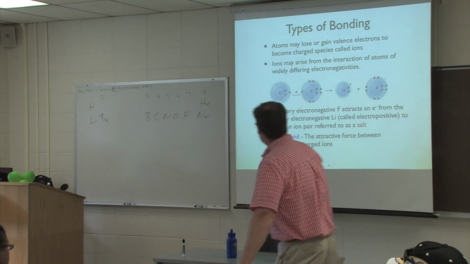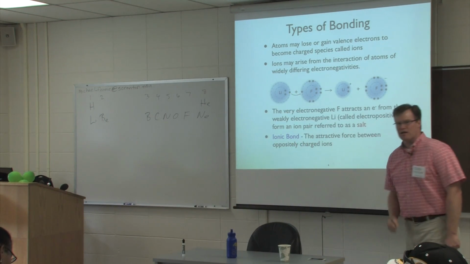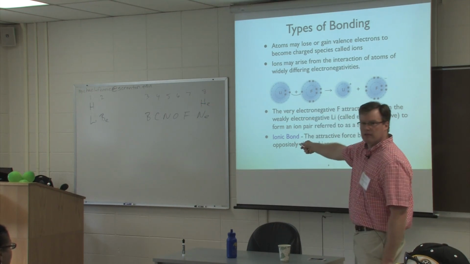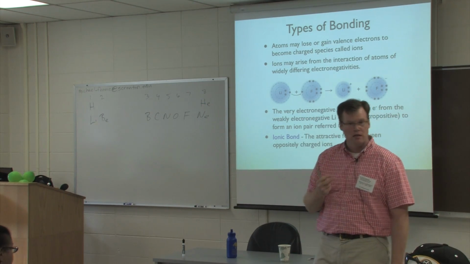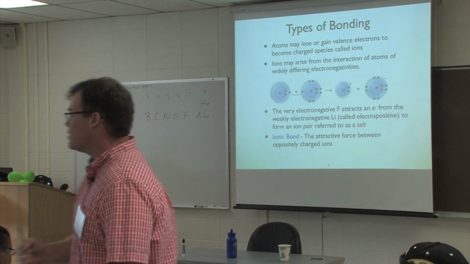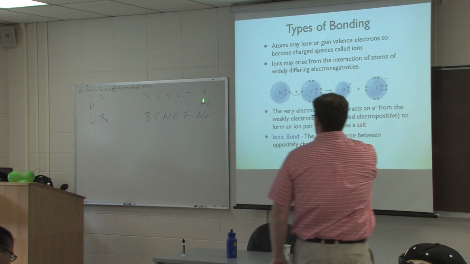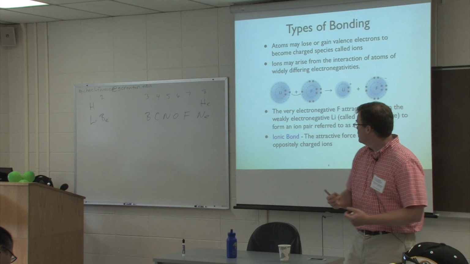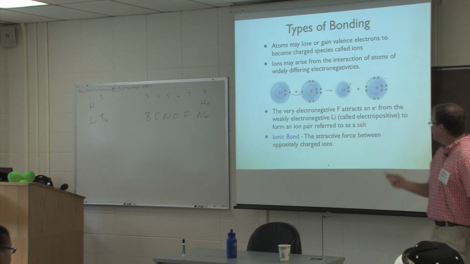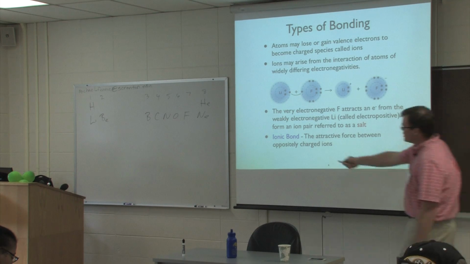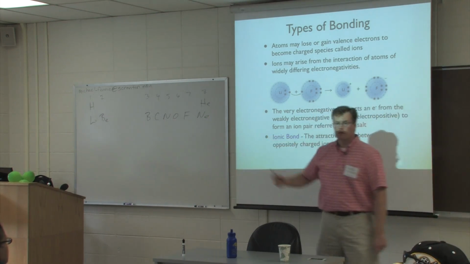7. All right. So when they get together, lithium says, if I give this one up, I'm going to go back to the configuration of helium, having 2 electrons in my lowest energy level. And if you remember from your atomic structure class, that energy level only needs 2 electrons to be filled. Fluorine, on the other hand, gets the 8th electron, and so it now has the electronic configuration of neon.